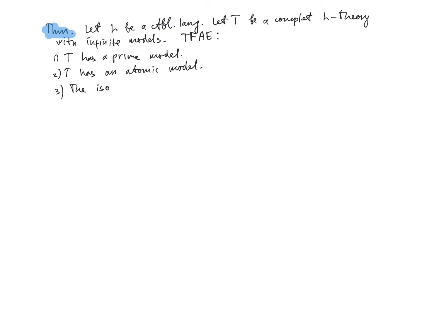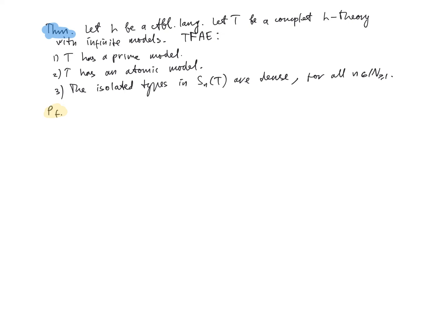The isolated types in S_n(T) are dense in the sense of the topology on the space of types for all natural numbers n. So condition 3 gives us a topological criterion for the existence of atomic models and prime models.